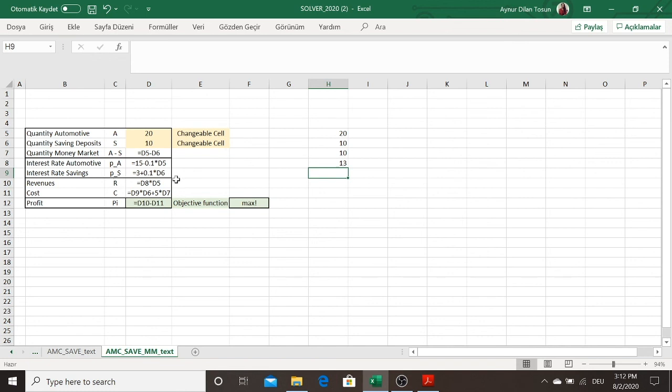For the savings, we have 3 plus 0.1 times these 6. So the revenues are given by the 8 times the 5.